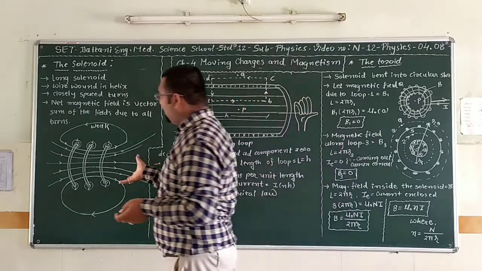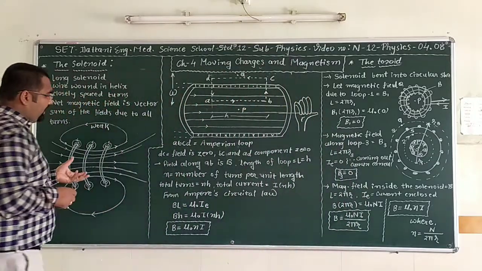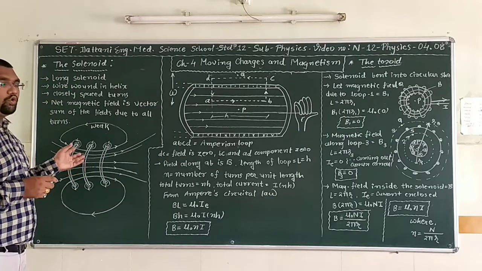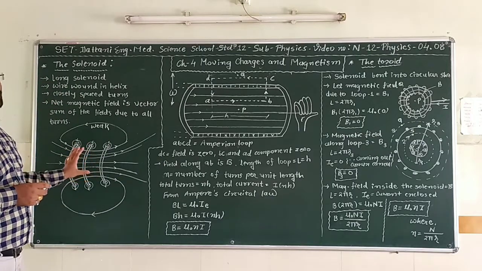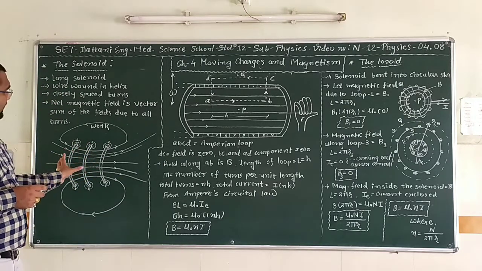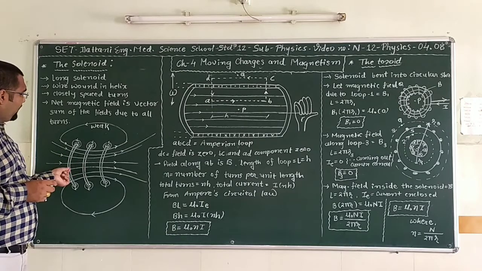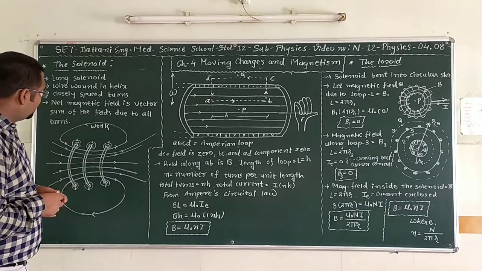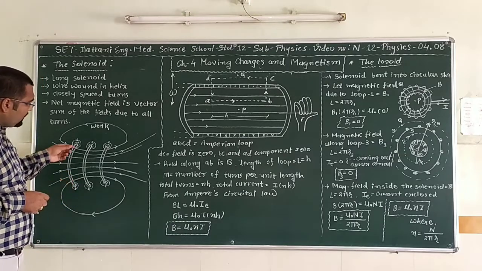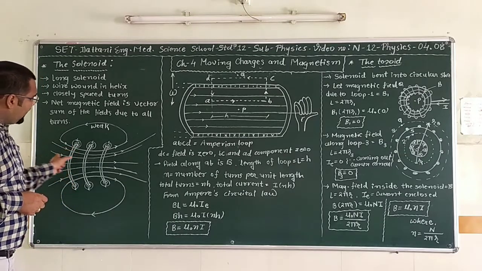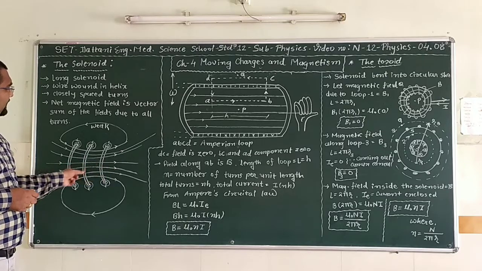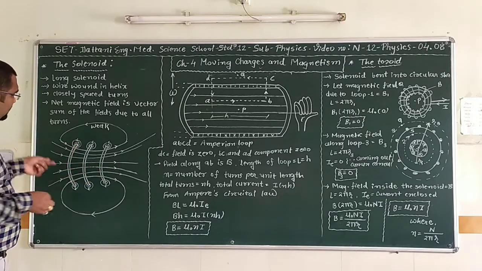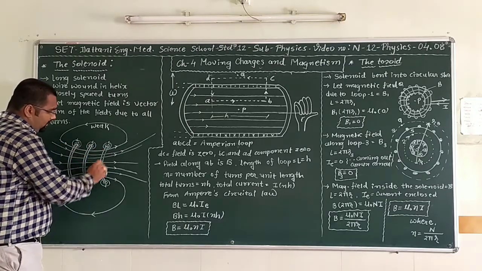This is the way in which we can find the total magnetic field of the solenoid, by summing up the magnetic fields of the turns. So this is our solenoid. These are our magnetic field lines. These are our turns.